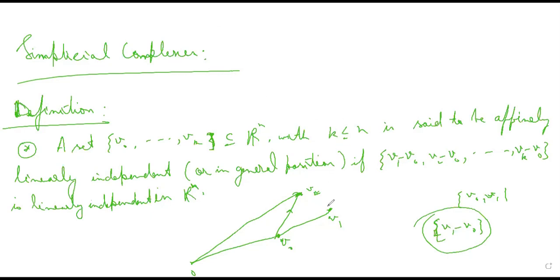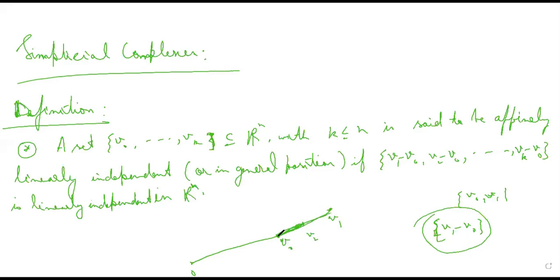Now, if I take another point, suppose V2 here, then V2 minus V0 is this vector, and V1 minus V0 is this vector.